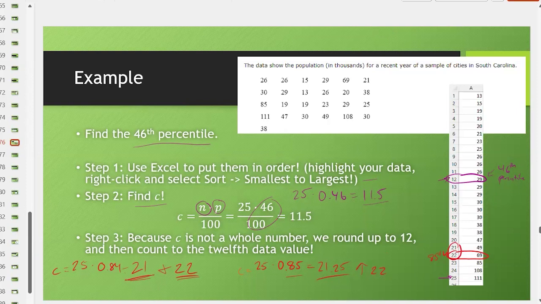I probably could have still done that in my head. And so in this case, 59 is the 84th percentile. That means that 84% of the data is below 59. 85% of the data is below 69. Because there are less than 100 data points here, some of the percentiles will overlap, and that's okay.